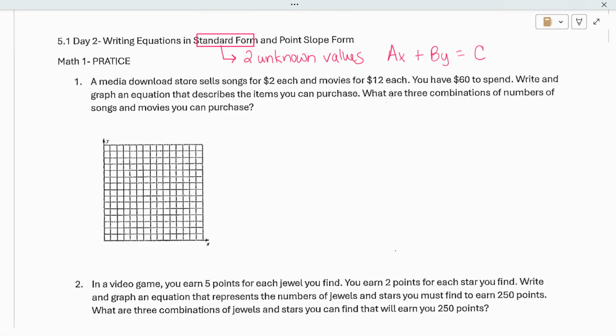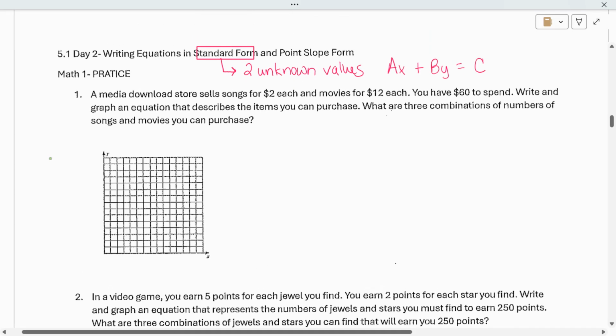When do you use point slope form? Well, you use point slope form when you are given the slope and a point, an ordered pair. Sometimes you won't be given the slope.